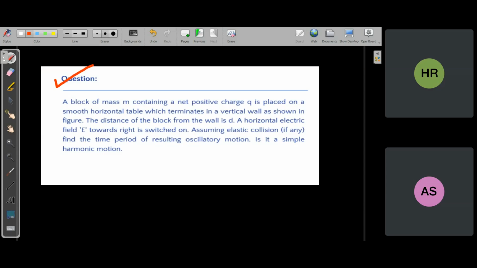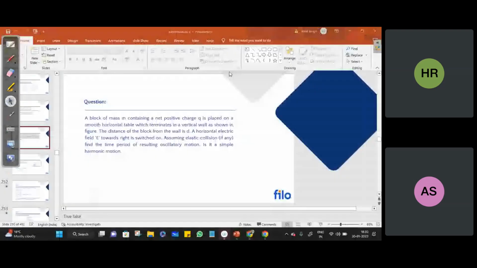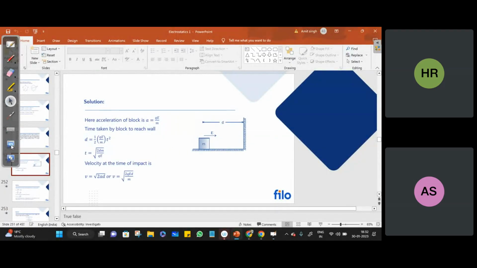You have two unknowns, V and T. What will you get from this equation then? V equal to U plus AT. So you will not use V equal to U plus AT, right? Sir, if we use S equals to U T plus half A T squared, then we can get the time taken. Correct. Yeah, this is not SHM.